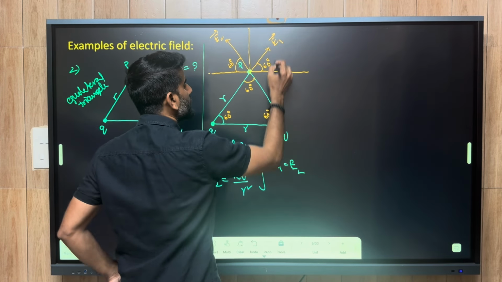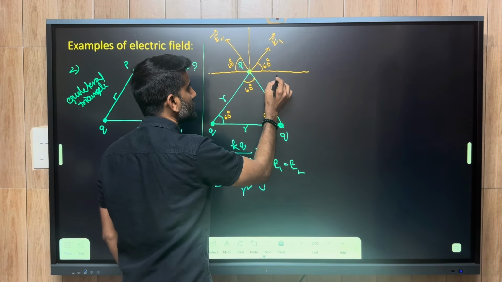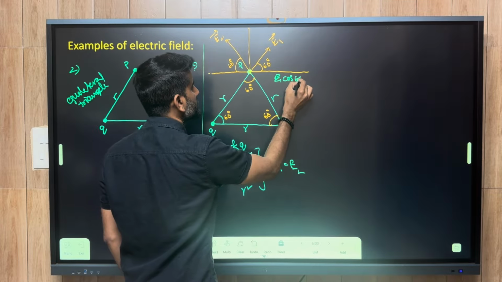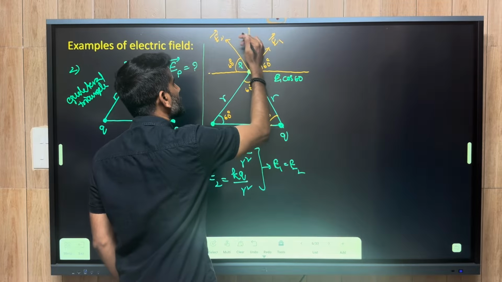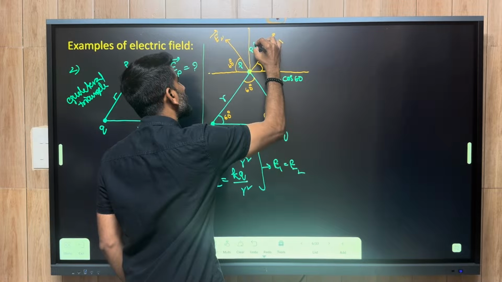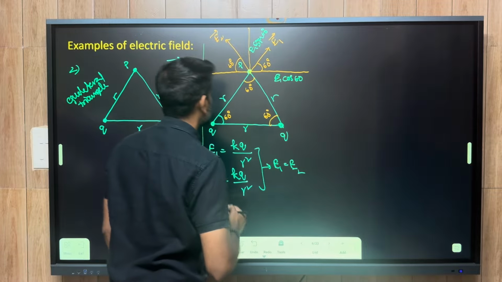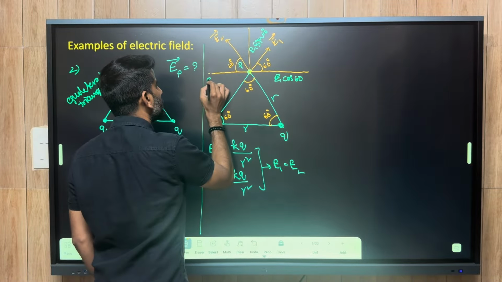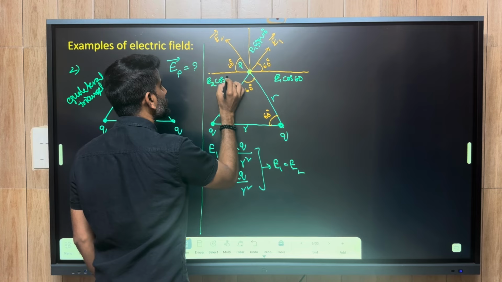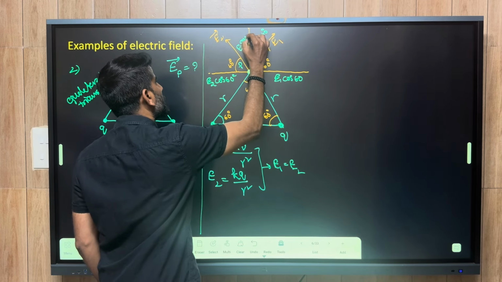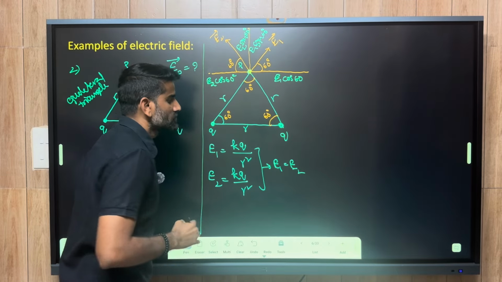Now let's resolve these vectors. E1 vector is resolved towards this axis as E1 cos 60, and if this vector is resolved here, E1 sin 60. Similarly, resolve this vector: E2 cos 60 and E2 sin 60.